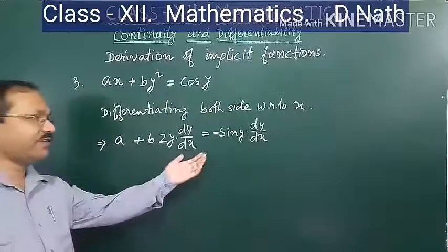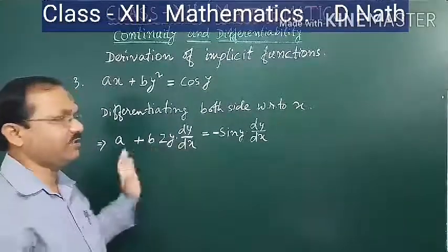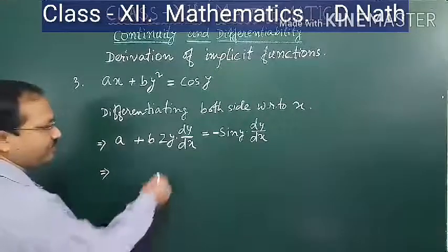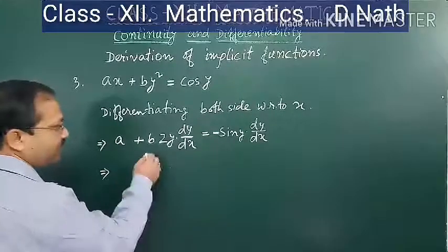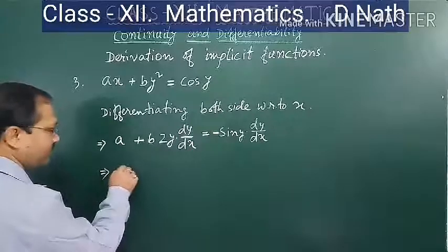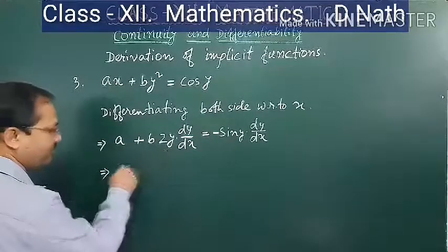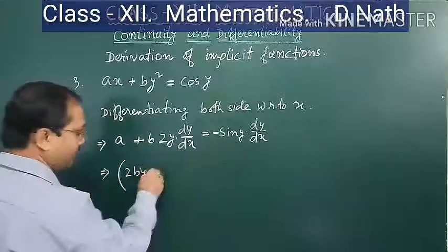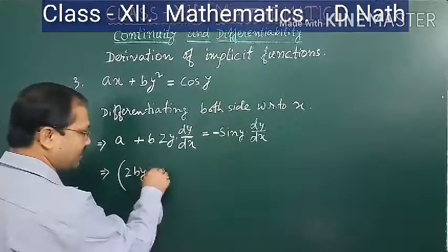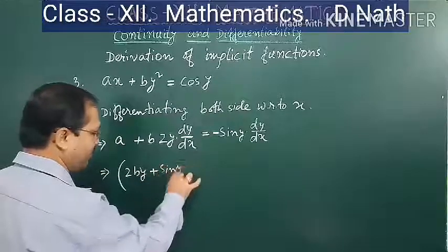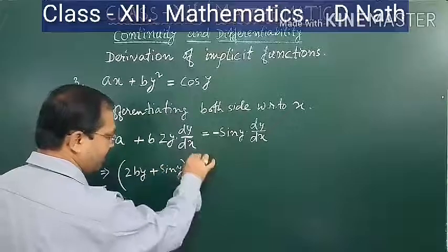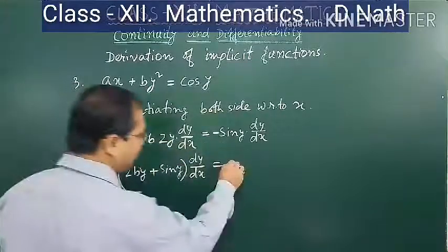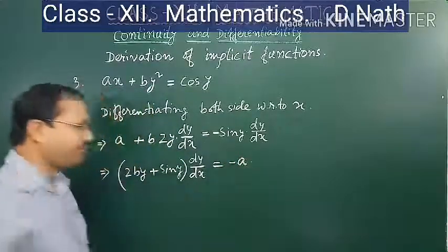Now we have to find dy/dx, like the previous question, we will bring dy/dx to one side. So dy/dx we will take common, so it will remain 2by, this will be brought to this side, plus sin y, dy/dx is equal to, this a will shift to that side, so it is minus a.